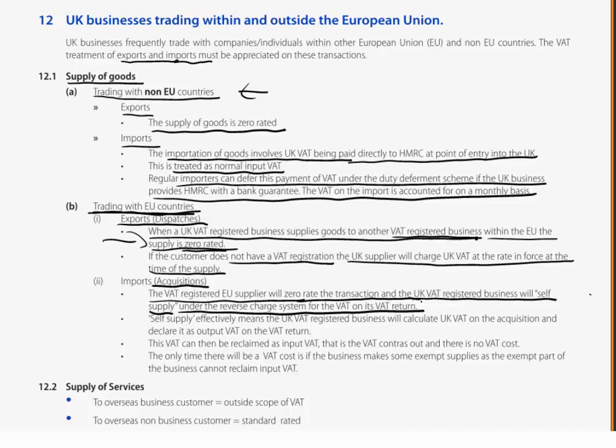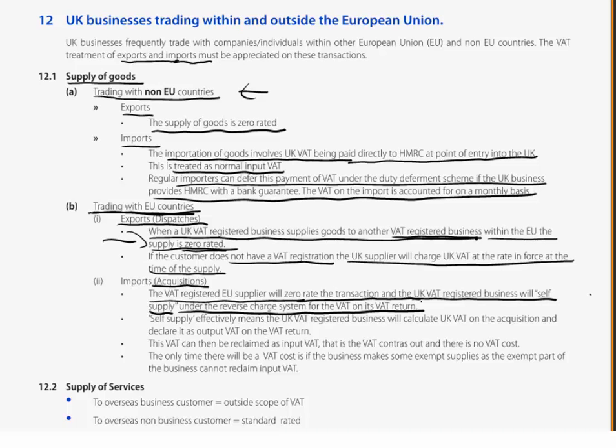Now, when we bought from the Chinese company, from the Australian company, from the American company outside the EU, when we bought those goods in, we paid to HMRC the VAT on the sale to us. What we do not now have to do is to make that payment at the point of entry.